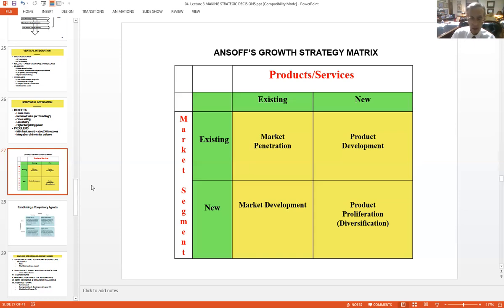Because it may be that the products that we offer in our country aren't necessarily attractive in other countries. But we'll hold that for a little bit later in the discussion. But quite reasonably, we can take our existing products and offer them in new markets. And that's one way to grow.